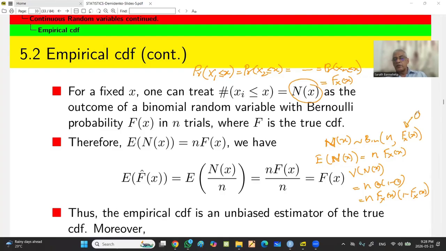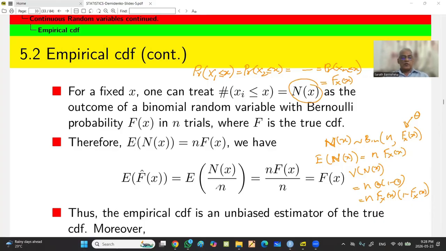Theta is the probability of a success, in this case, success being the observation less than or equal to x. So the expected value of Nx is equal to n times F(x).